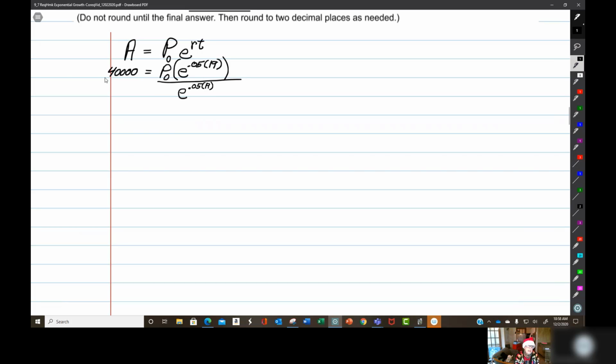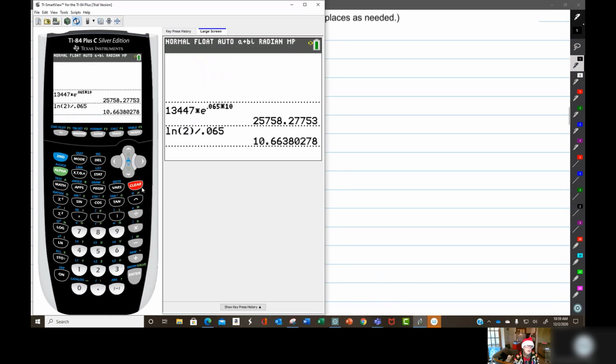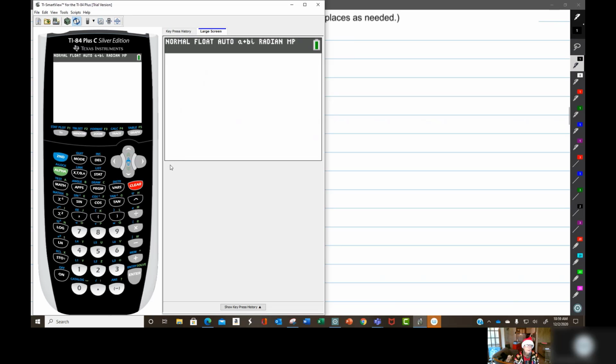Don't tell anyone I said that. So e to the 0.05 times 19. Okay, cool. So I will be able to find out what P naught is just by doing this, and I didn't even have to change anything to logs. That's amazing. I thought this would be a lot harder than that. Darn, I might get paid less because I didn't make you work hard enough.